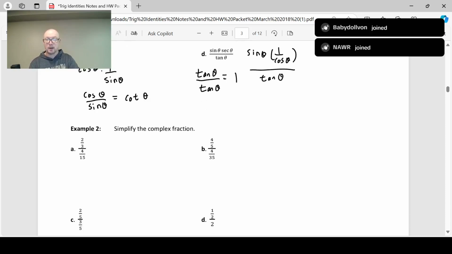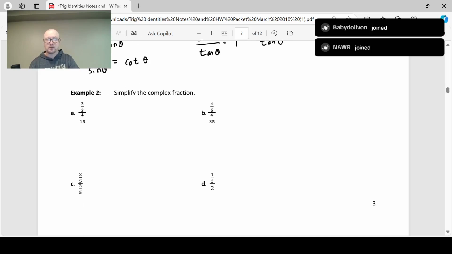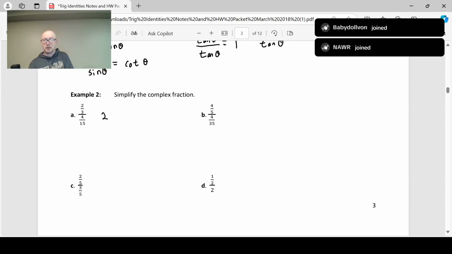Okay, in the next part here, we are going to simplify complex fractions. And the reason we're doing that is we're going to use that in the next section when we simplify. So the technique is going to be the same that we would do with numbers as we would do with our expressions. So for example, here we have 2/3 divided by 4/15. Well, when you divide by a fraction, you have to multiply by the reciprocal.